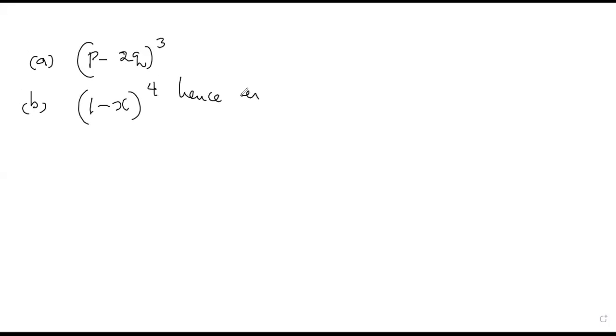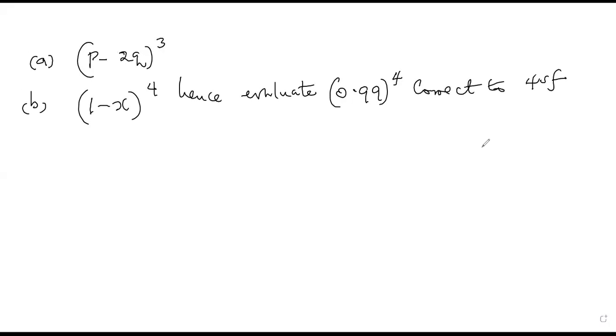Part A, this is your exercise. I want you to expand p minus 2q to the power 3. B, 1 minus x to the power 4. Hence, evaluate 0.99 to the power 4, correct to 4 significant figures.